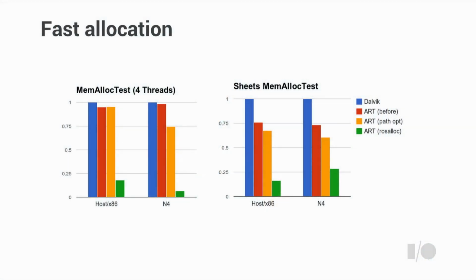The RosAlloc, as we call it, the rows of slots allocator, has a number of optimizations to improve performance. The first of which is that small objects, these small temporary objects that are so useful in languages like Java, get allocated in a thread local region.